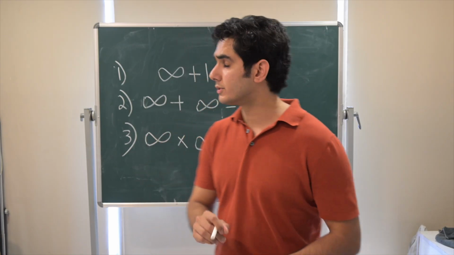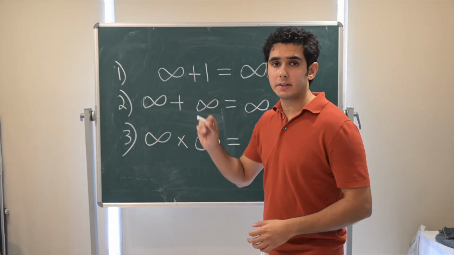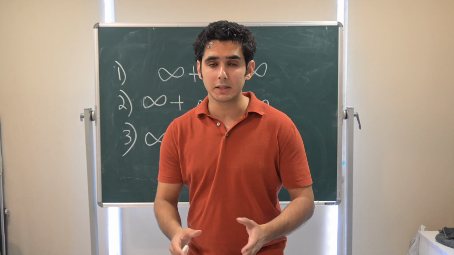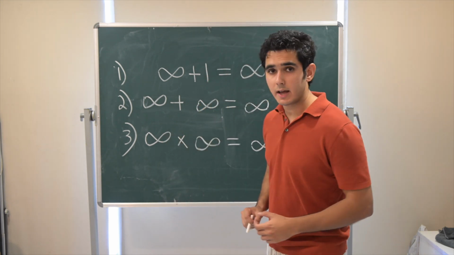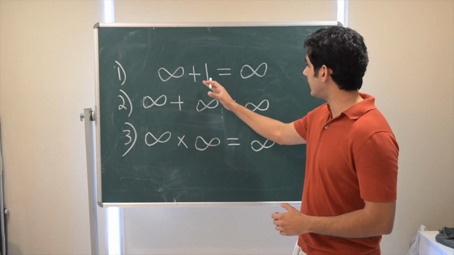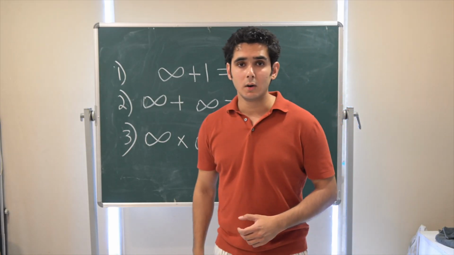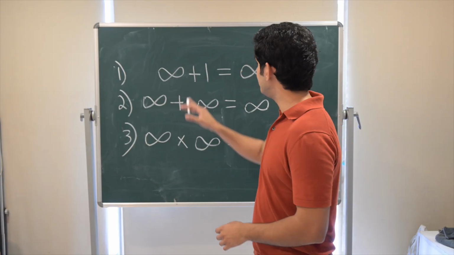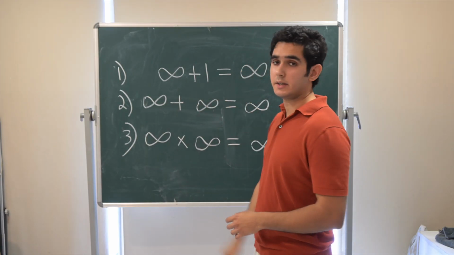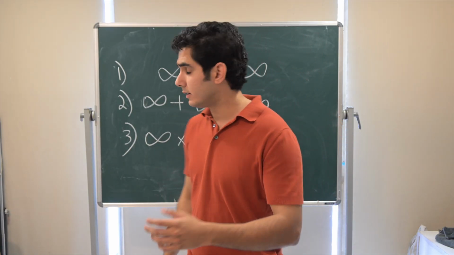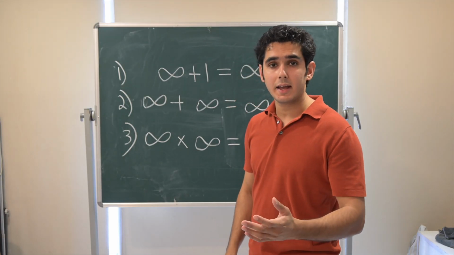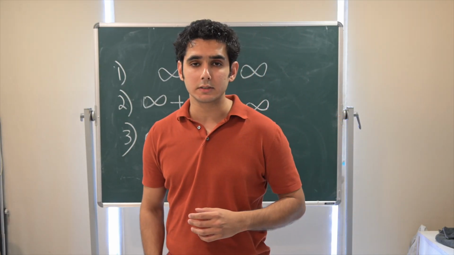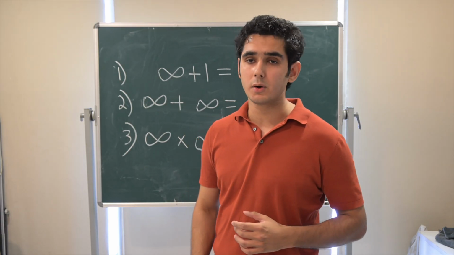But suppose you were living in an infinite dimensional reality, which is mathematically possible. And over there, you went out and got an additional partner. Over here, you wouldn't be doing anything wrong, because in this video, we've shown that infinity plus 1 equals infinity. And in fact, you could go out and get an infinite number of partners, and you still wouldn't be doing anything wrong.